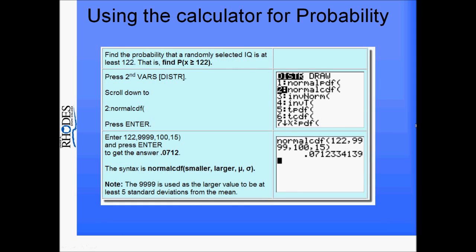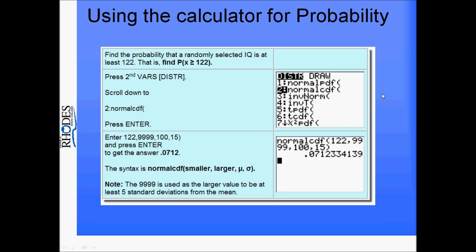The next one says find the probability that the IQ is at least 122. At least 122 means 122 or more. In this case, the first thing we have to do is find your normal CDF, and the first thing you want to type in is your left bound, or as they put it in the example, the smaller number.